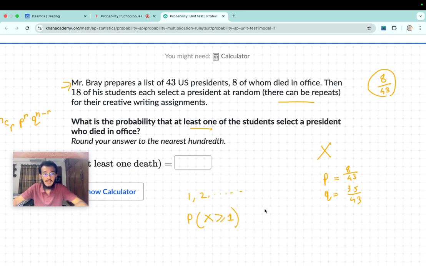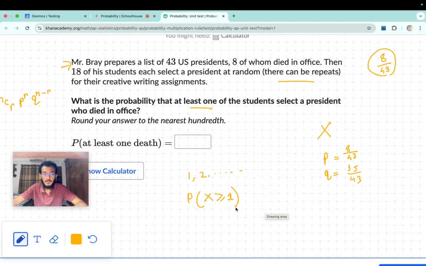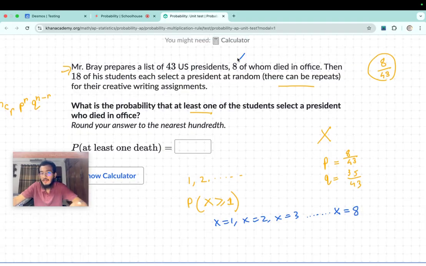Now here's the problem. This is a lengthy process because we have to include x equals 1, x equals 2, x equals 3, and this can continue until x equals 8, because in total you have 8 presidents who died in office, so it cannot go beyond that. However, it is a lengthy process.